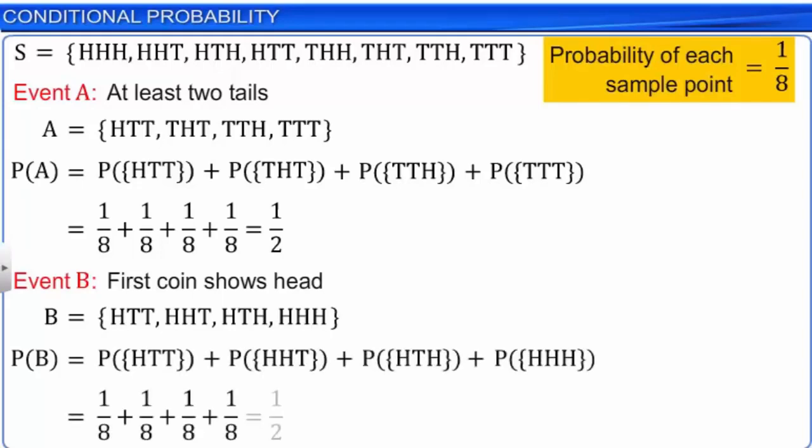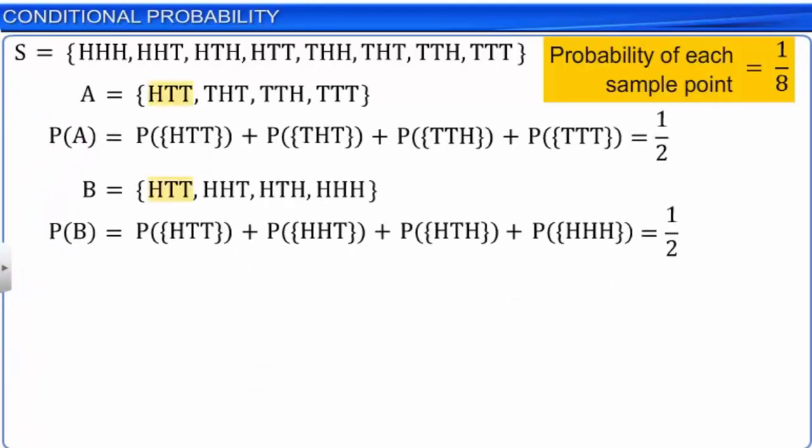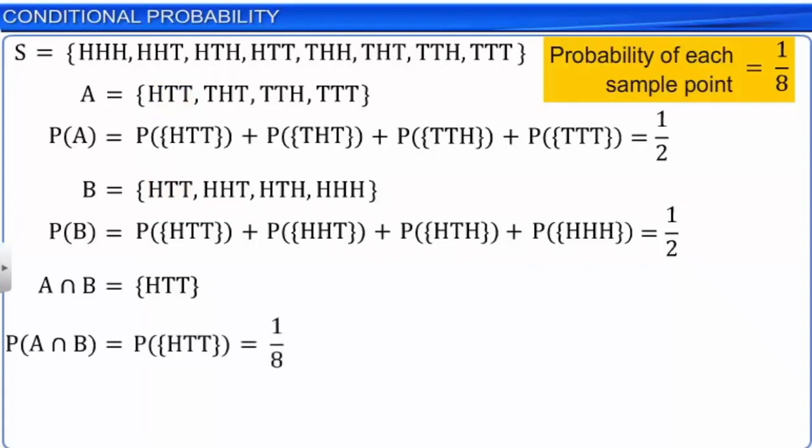This is also equal to 1/2. Observe that the sample point HTT is common to both the events A and B. This implies that event A intersection B has one element, that is, HTT. The probability of event A intersection B is 1/8.